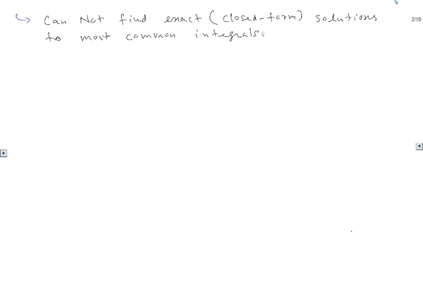And why are we worried about the integral? When you have a differential equation, the solution comes as an integral. So that's why we worry about whether we can integrate or not.